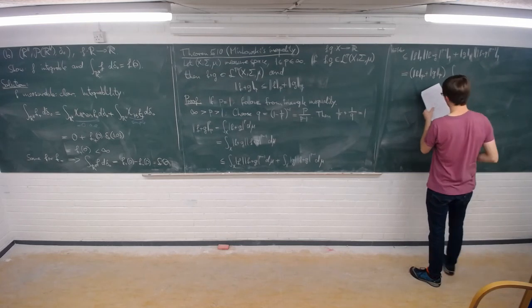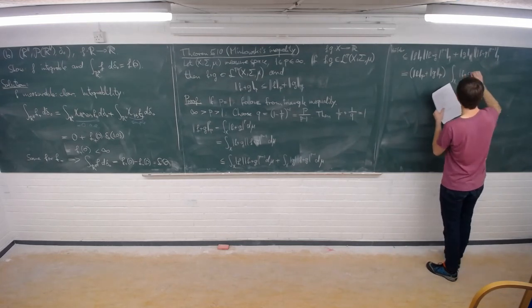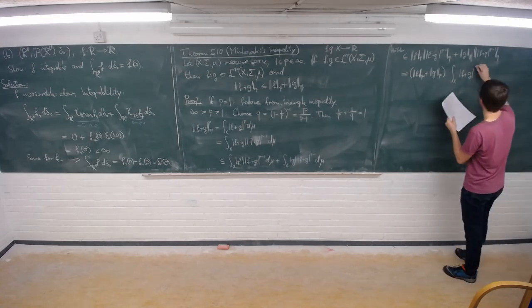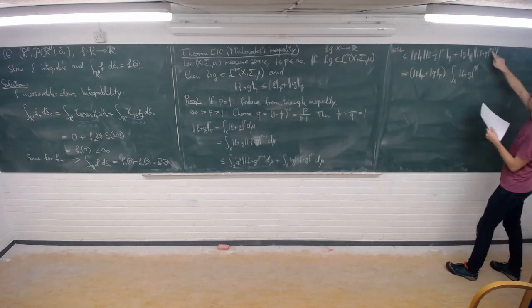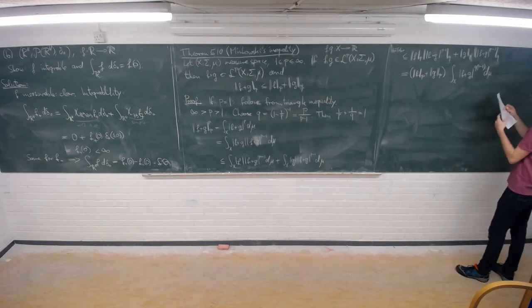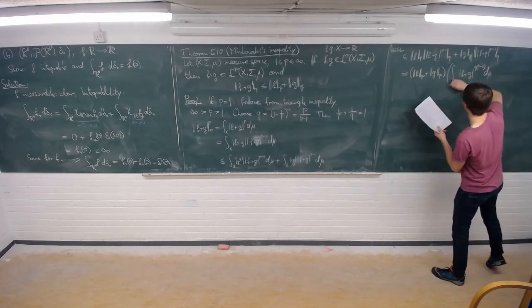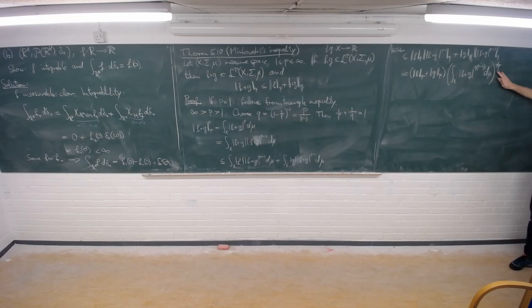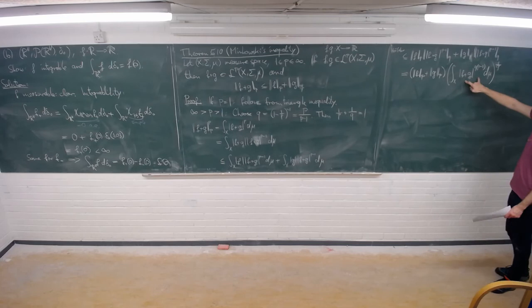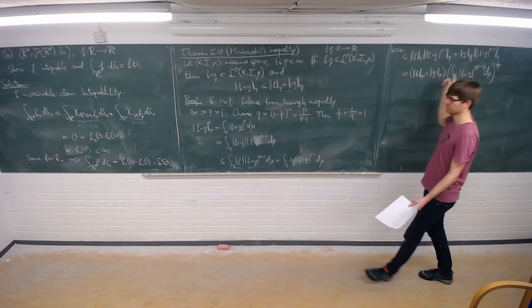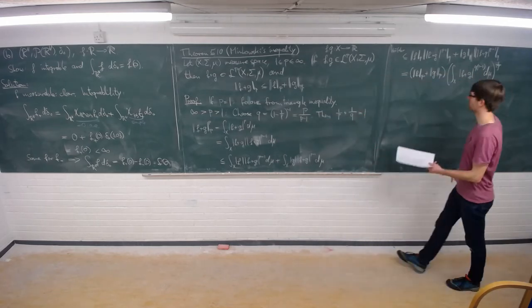So that's the integral of F plus G to the power Q times P minus 1, d mu, and then the whole thing to the power 1 over Q. Okay, so this was just inserting the definition, and now this exponent Q times P minus 1 is P, right, by the definition of Q.